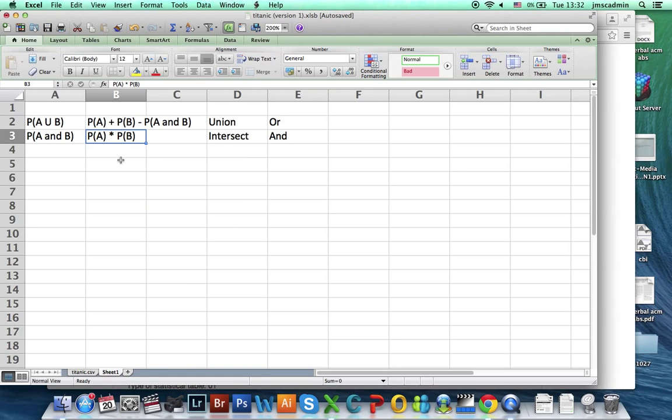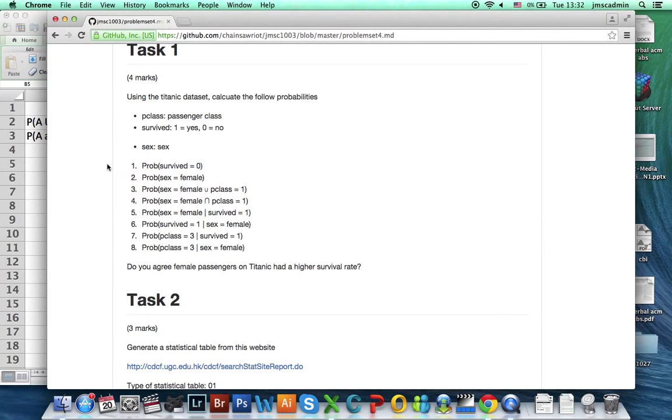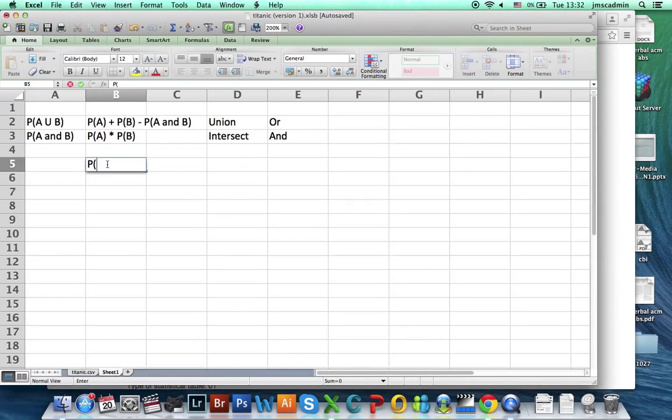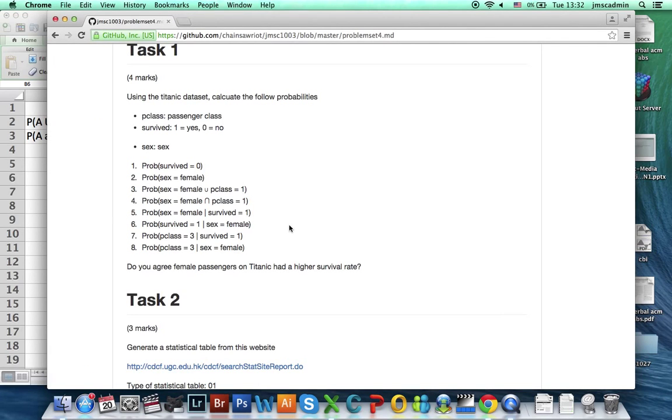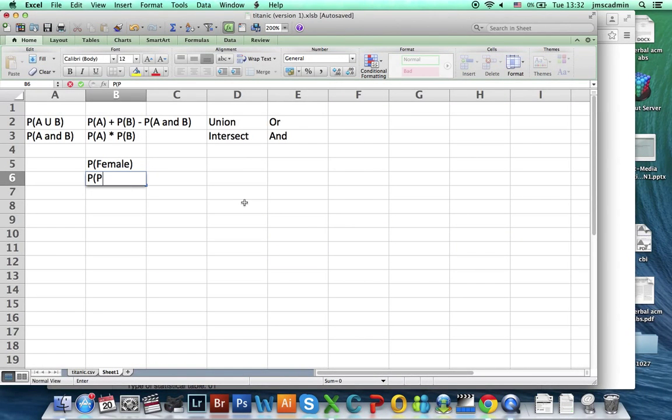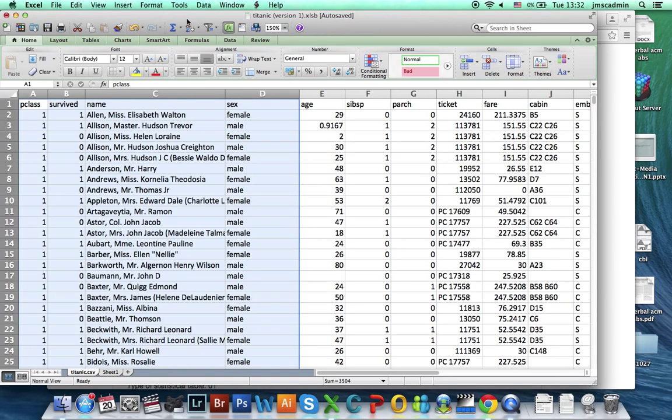So we need to calculate the probability of sex of female, and also the probability of the passenger class equal to 1. So we can do this calculation using the pivot table, and we can do it very quickly.